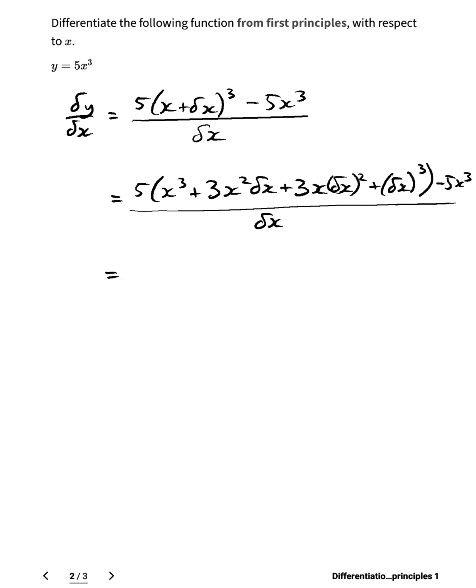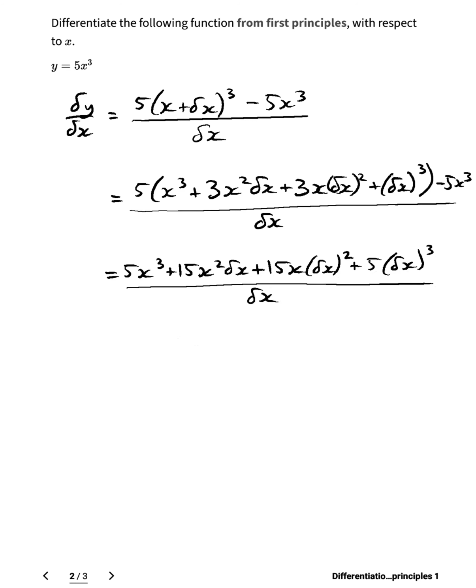Right, let's multiply out this bracket. 5x cubed plus 15x squared delta x plus 15x delta x squared plus 5 delta x all cubed and all over delta x.